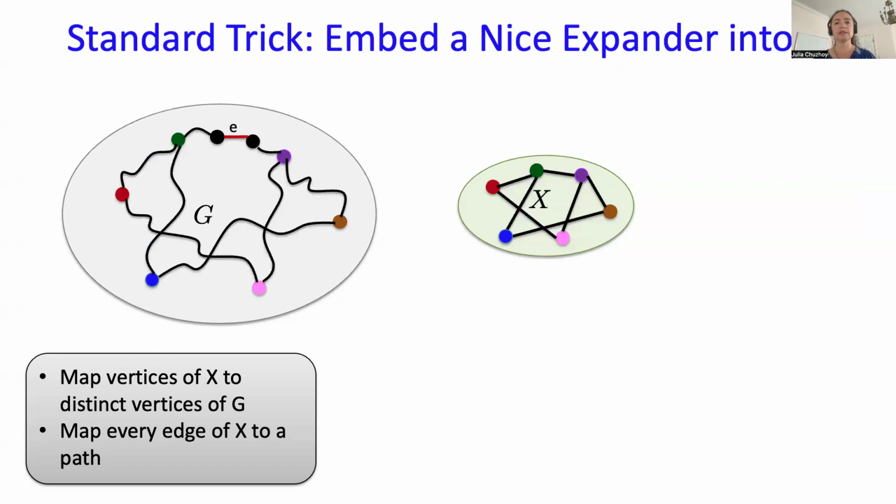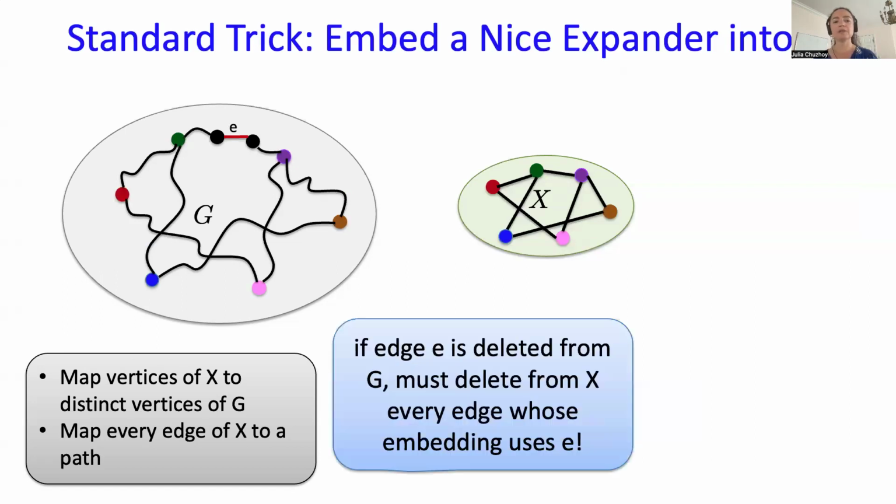So now suppose we delete some edge from this graph G. So generally what happens is that every edge of the expander X whose embedding path uses this edge also needs to be deleted. So the deletion of some edges in G can lead to quite a few deletions in the expander X as well.